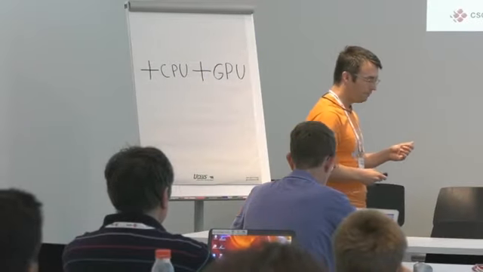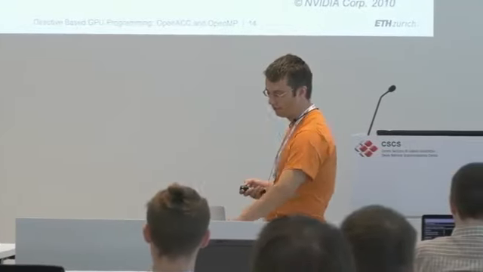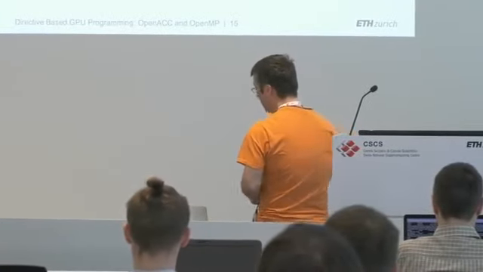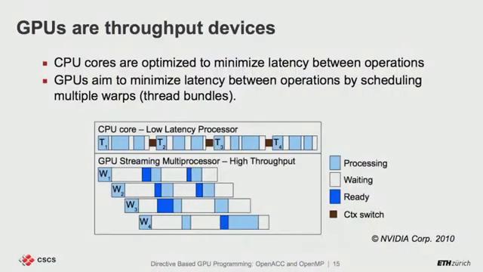Also, the way you deal with memory latency is different. CPUs deal with memory latency, with misses, using large caches. Whenever you miss, you put it in a cache so that you do not miss the next time. For GPUs, there is a difference. You don't have such large caches, but what do you have? You have plenty of threads, of cores that can run.